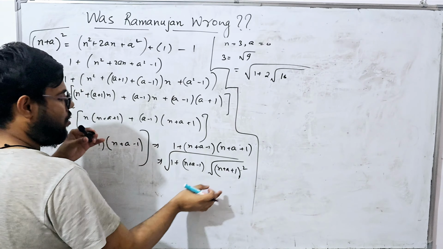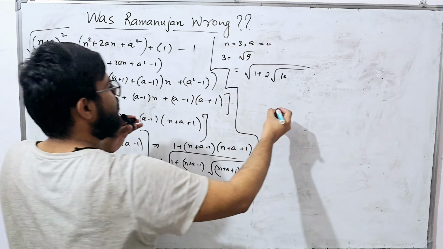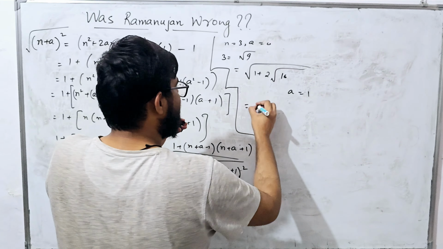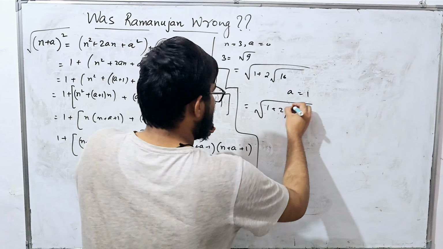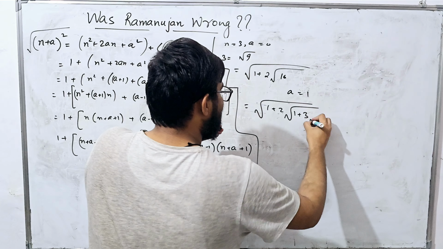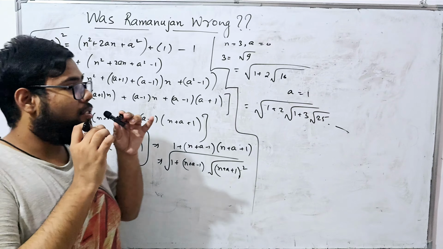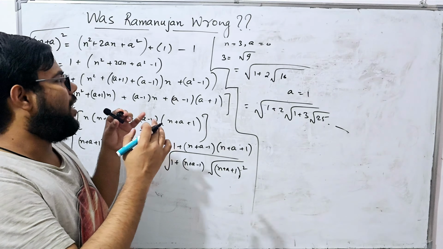And if you apply this concept again, you substitute a is equal to 1, you will get this expression again. So you will get root 1 plus 2 root 1 plus 3 root 25, and so on and so forth. So this is the general method to prove for any n.